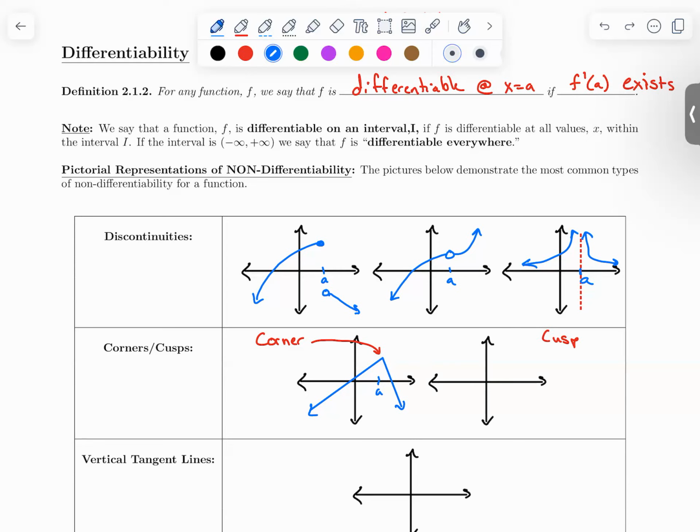Yes, Chris. For the corner, could we not have a number of tangent lines at different angles? So you could have a left-handed tangent line and a right-handed tangent line, but no actual tangent line exists there, because you'd be teeter-tottering.